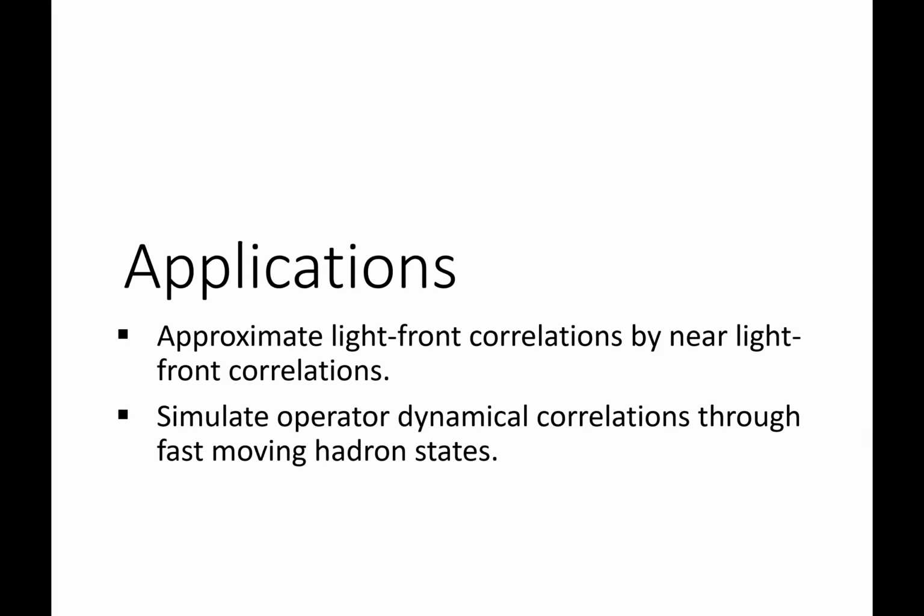And then you try to simulate operator dynamic correlations through fast-moving hadron states. Classical Monte Carlo does not allow me to simulate dynamical correlations, but I can simulate static correlations, using the fast-moving hadron states to mimic the dynamic correlations. So these are 2 very important tricks for the LaMET idea to work.